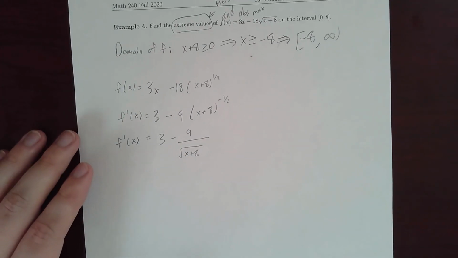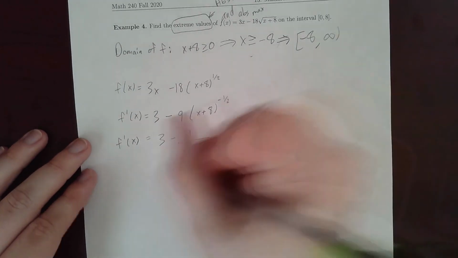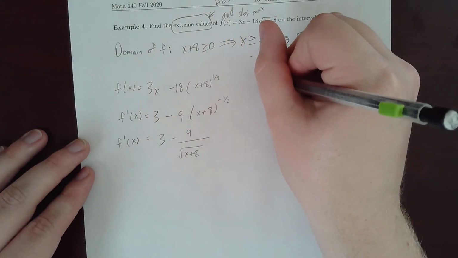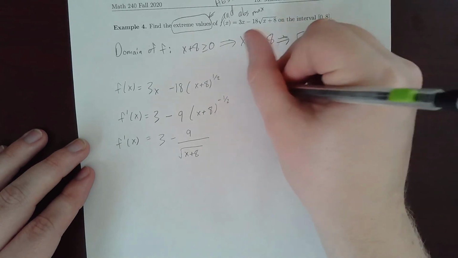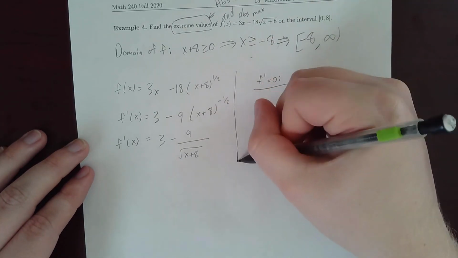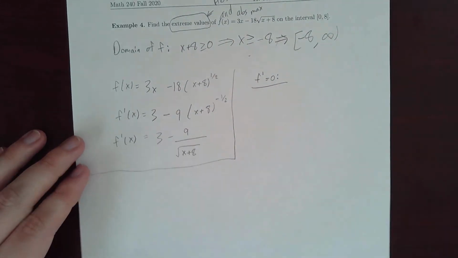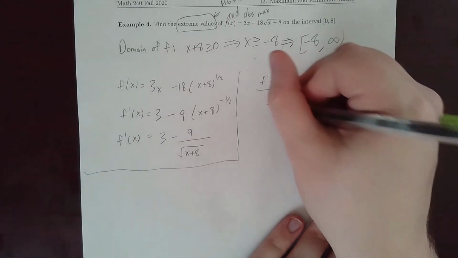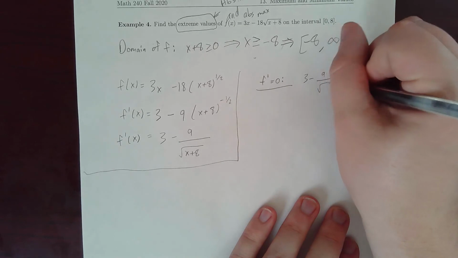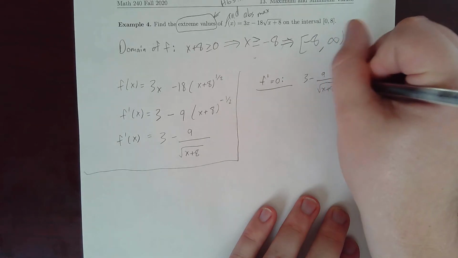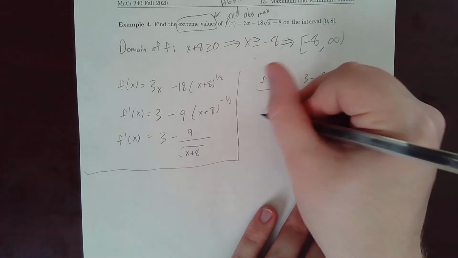So again, to find these critical points, we're interested in two things. We want to know where f prime equals 0 and where it doesn't exist. So we've got the derivative now, which is handy. So first we'll set it equal to 0. So 3 minus 9 over the square root of x plus 8 equals 0.